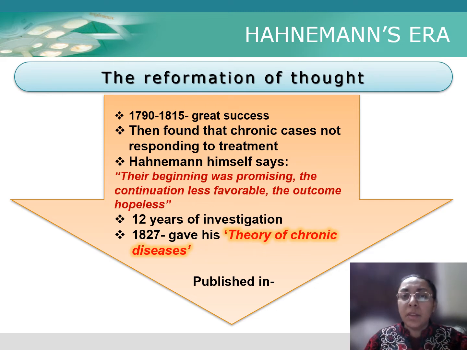Then after this period, there was a reformation of thought by Hahnemann. What happened was that from 1790 to 1815, he was able to see great success using the law of similia in curing the patients. But then he found that certain chronic cases were not responding to the treatment.